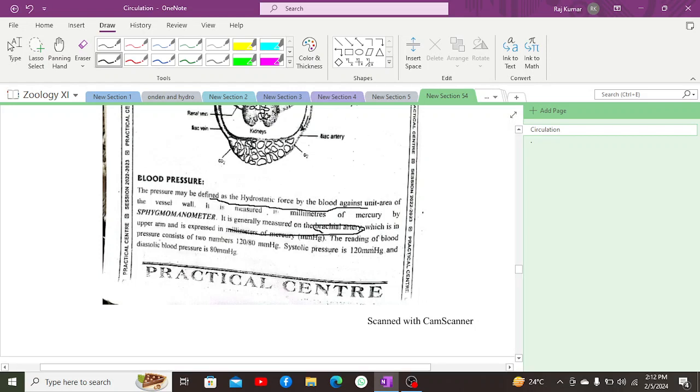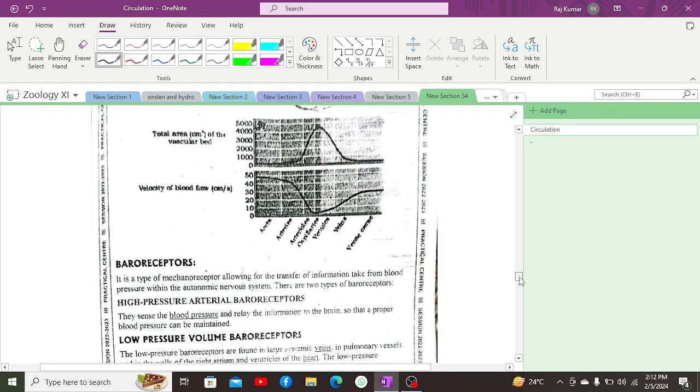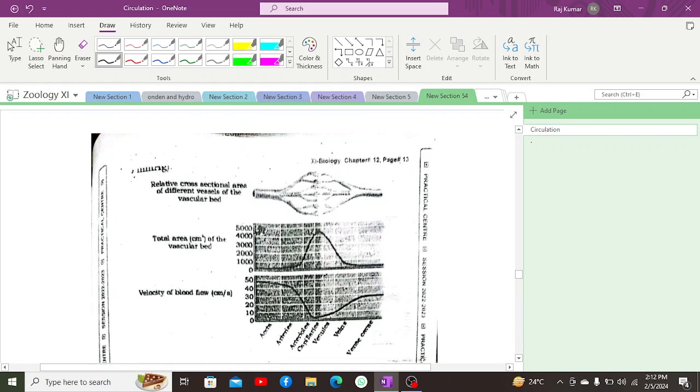The reading of blood pressure consists of two numbers: 120 is the systolic pressure and 80 is the diastolic pressure. Normal blood pressure is 120 by 80 millimeters of mercury. As I previously told you about cross sectional area, in the aorta there is less cross sectional area, due to which there is high pressure.